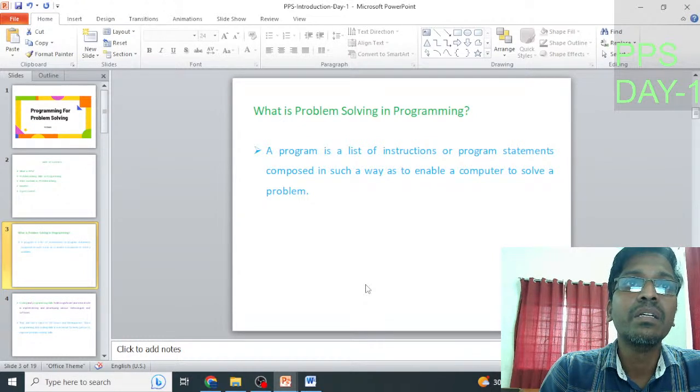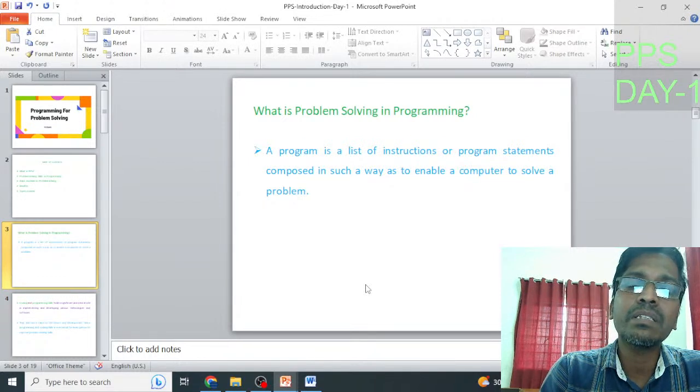That means you must know programming skills, and you must have coding knowledge. Then only you can solve the problem, especially in computer programming.